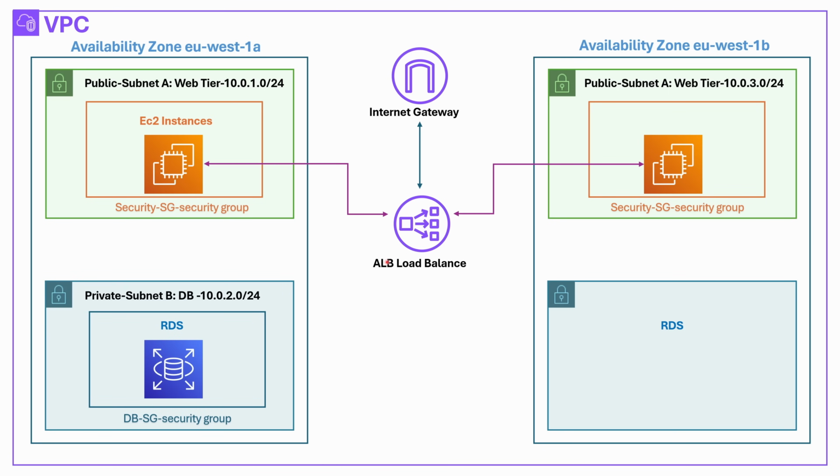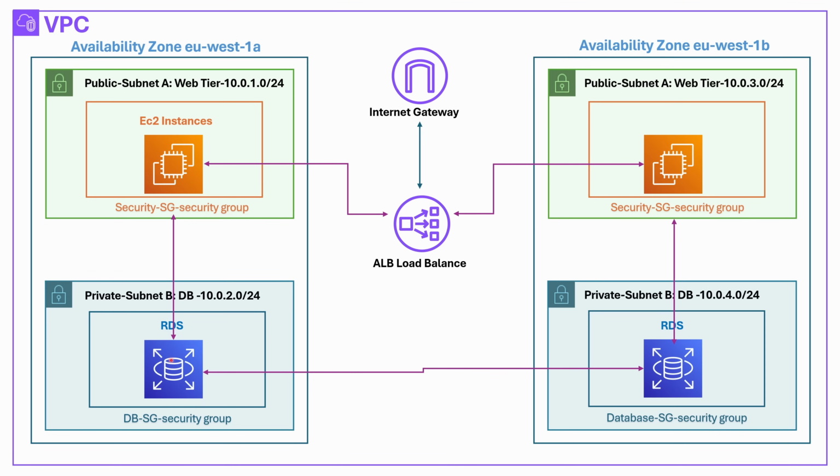Then, when the web app needs data, the EC2 connects securely to the RDS databases inside the private subnets. No direct internet exposure. Then the RDS sends the data back to the EC2 instance, which responds through the application load balancer, and finally the result reaches the user's browser.